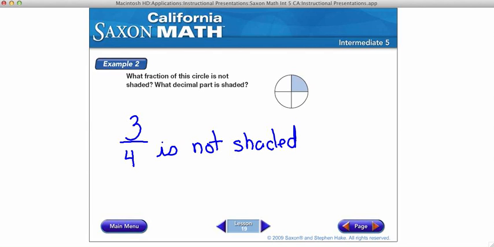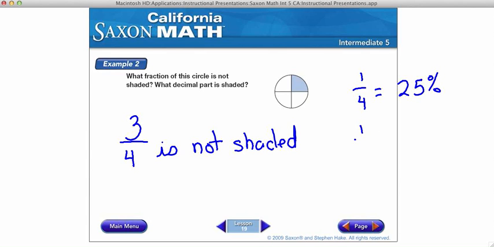Okay, now it wants us to talk about what decimal part is shaded. If you have your fraction pieces, this is a good time to use them. I know that 1/4 equals 25%.